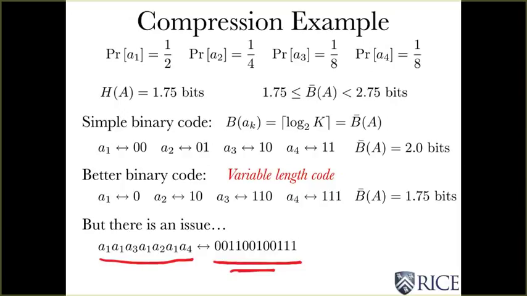So what you have to be able to do is say, well, here's a 0, so that's got to be an A1, and that's got to be an A1. Now I get 1, 1, 0. Well, there's the next code. Here's a 0 for an A1. 1, 0, that's an A2, and there's an A1. And finally we get an A4.